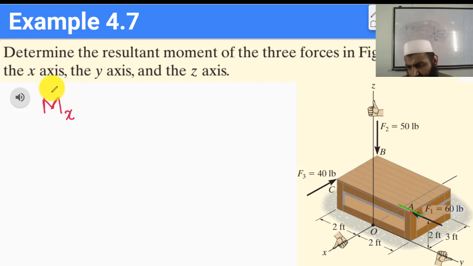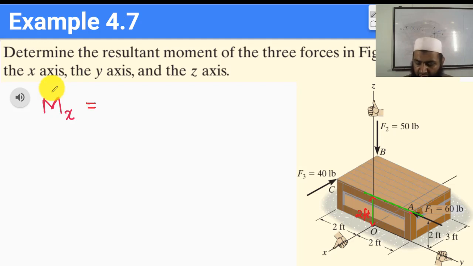This force is acting along this line, and the perpendicular distance of this force from the x-axis is this distance here, and this distance is 2 feet.